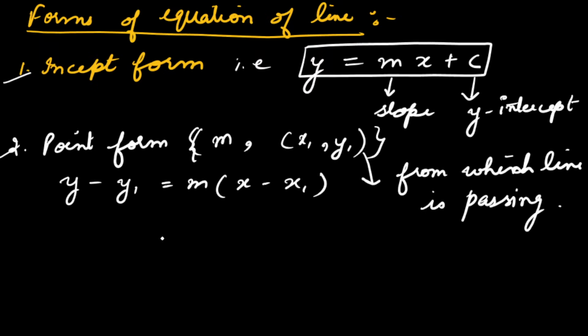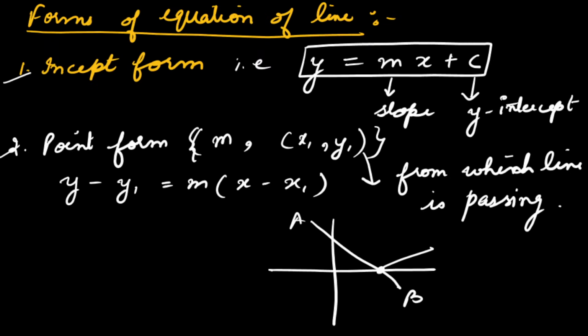Now I want to tell you about intercepts. Suppose this is a Cartesian plane and AB is the given line. At point B we get one point, x comma 0, and on the y axis we get 0 comma y.